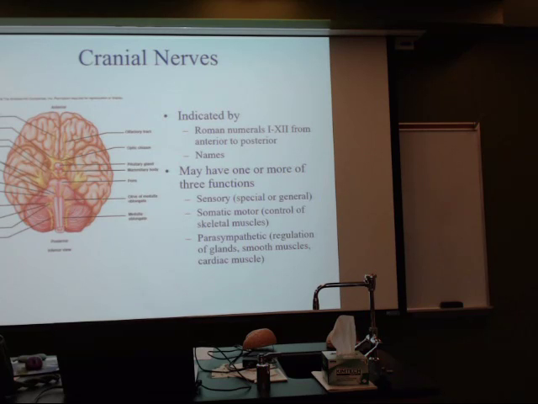Now, to name them. Have you ever heard of a mnemonic? There's lots of them out there on the internet. Just type in mnemonic for these cranial nerves. You'll get a bunch of stuff.